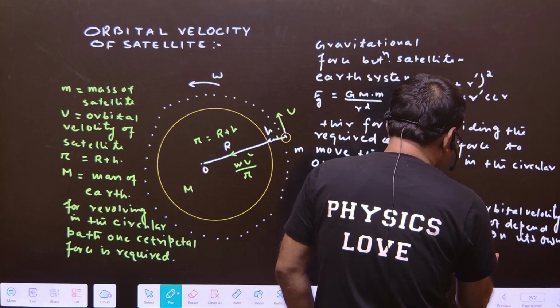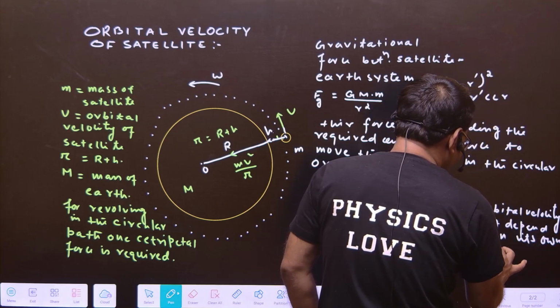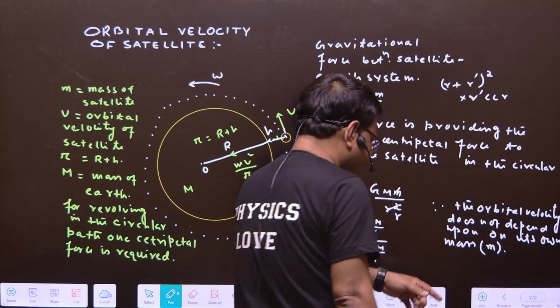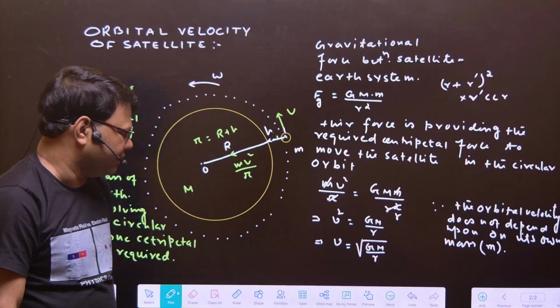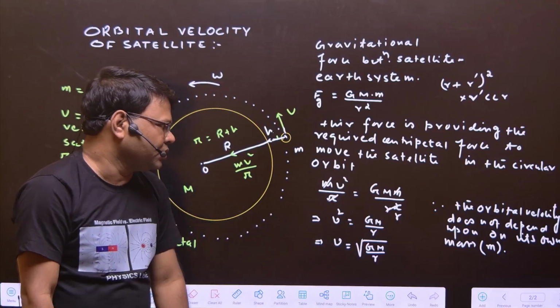Own mass means the mass of the satellite. It does not depend on small m.